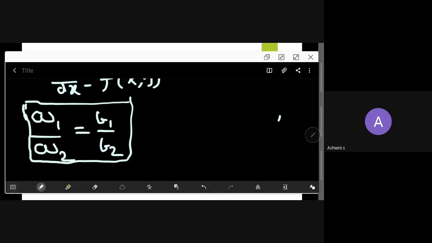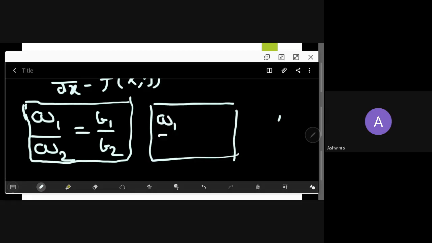And there is another case, that is a1 by a2 is not equal to b1 by b2. This is another case. If this is the case, we have a common ratio r. So we have two cases here.